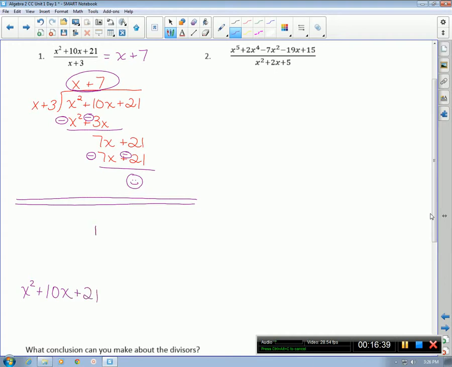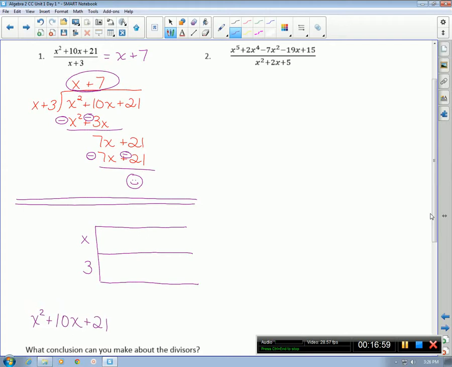You're going to put your divisor along the left-hand side of the box. I don't worry about how many columns I will have. I simply figure it out as I'm going along. So we know that x squared came from here.